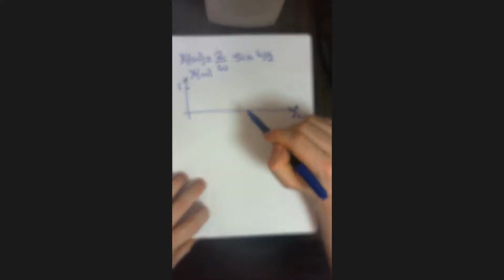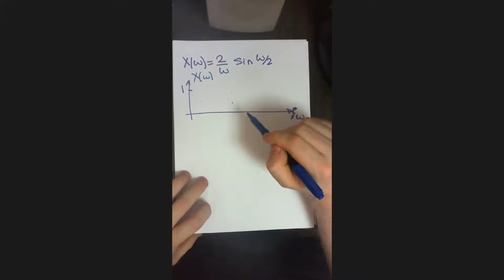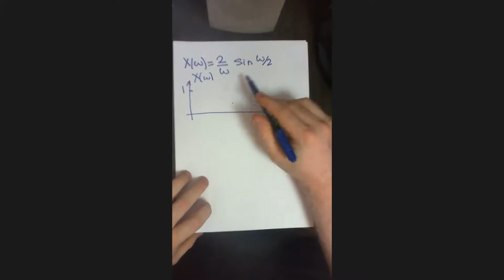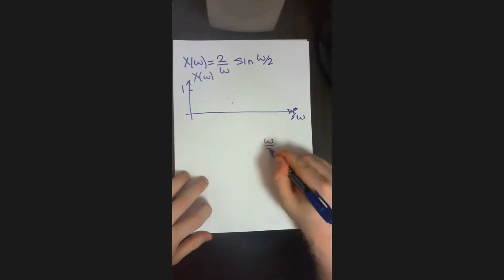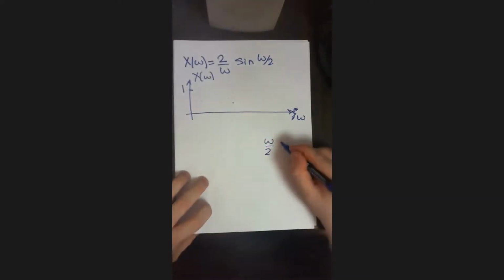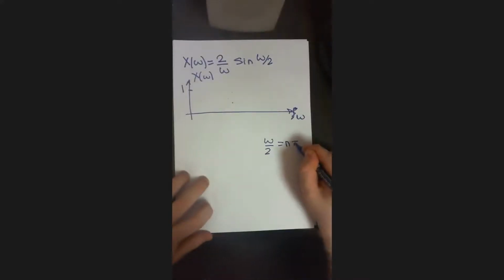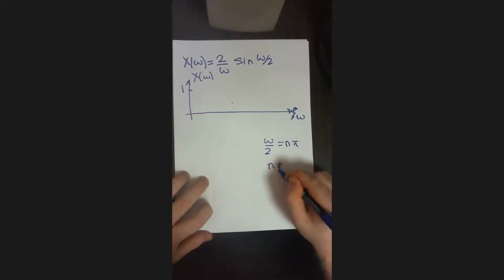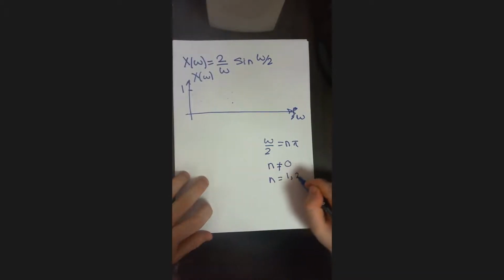Then you can check whenever this signal will reach 0. You will find that this signal will reach 0 when omega over 2 is equal to multiples of pi, which is n pi, where n is not equal to 0 and n equals 1, 2, 3, 4, and so on.